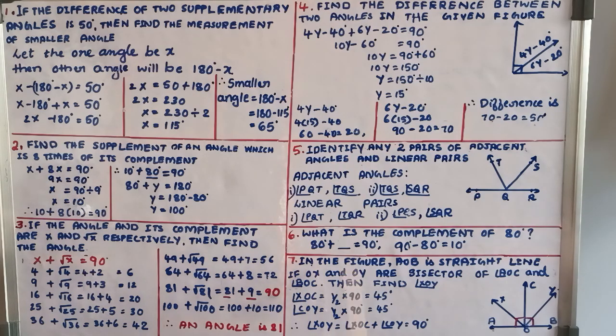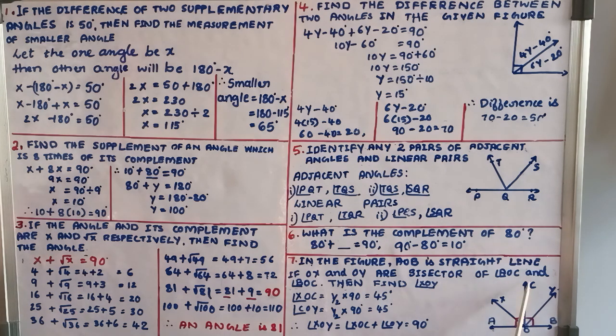Next one, in the figure, AOB is a straight line. If OX and OY are bisectors of angle AOC and angle BOC, then find XOY. What is meant by bisector? That divides the given angle into two equal parts.